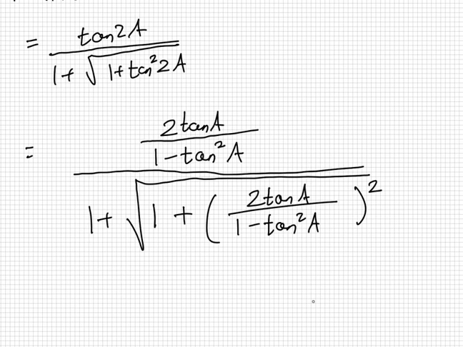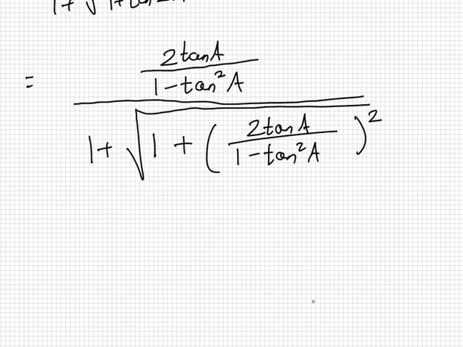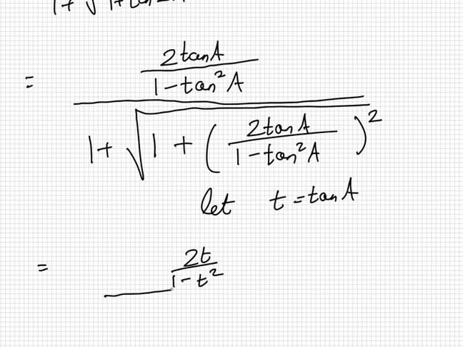To make this a little bit quicker to write, I'll just say let t equal tan a, just to make it a bit shorter. So then this becomes 2t over 1 minus t squared all over 1 plus square root 1 plus 2t over 1 minus t squared, and then this is in brackets and it's squared.